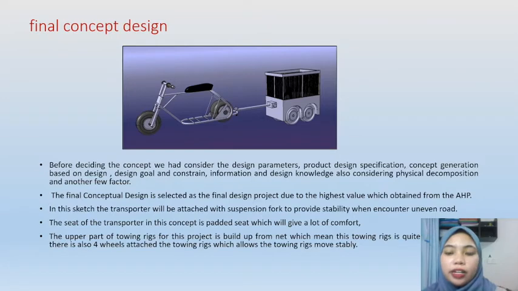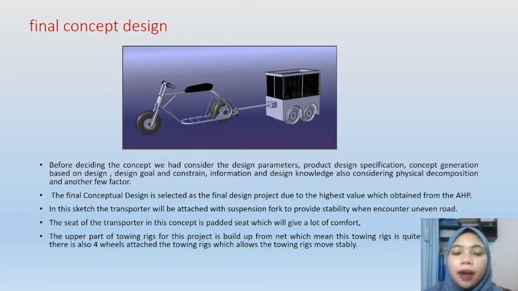As we know, in the farm the road will be less stable and narrow, so this will help provide the stability. And the seat on the transporter is designed for this concept. We designed a padded seat which will give a lot of comfort even in hard work while transferring the product out of the farm.